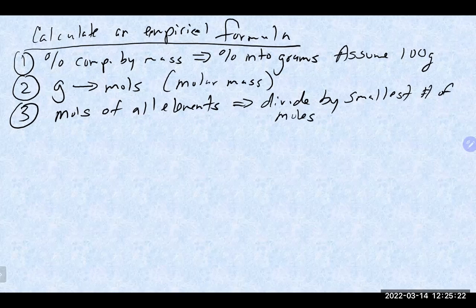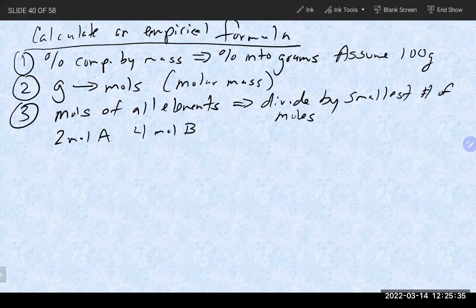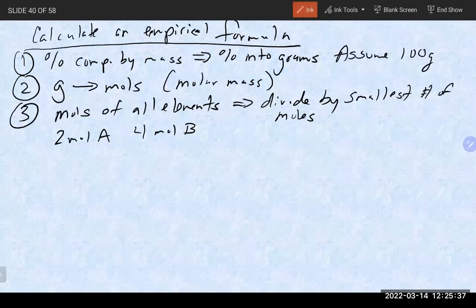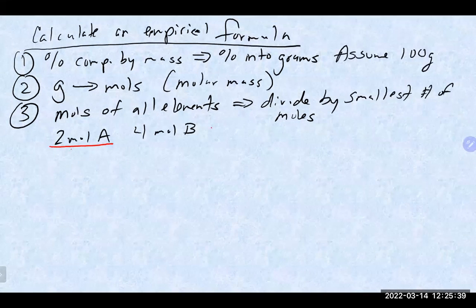So for example, if I had 2 moles of A and 4 moles of B at this point, just for an example, what I would want to do is divide everybody here by 2, since that is the smallest.